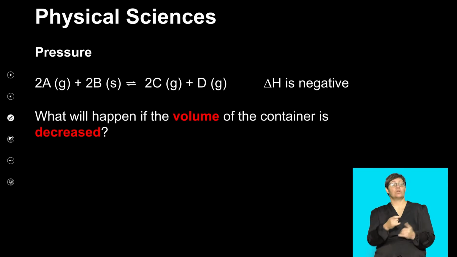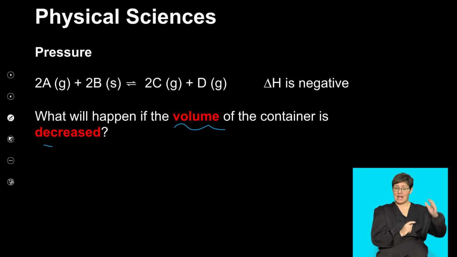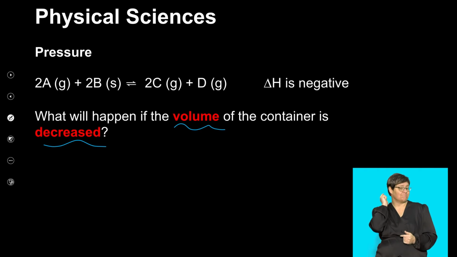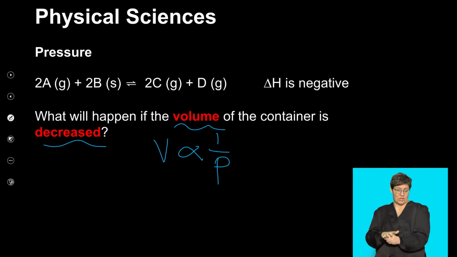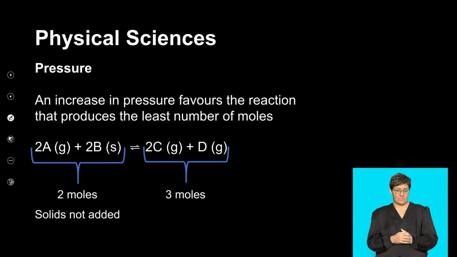The question now is, what will happen if the volume of the container is decreased? You should now have in mind that the volume is inversely proportional to the pressure. An increase in pressure favors the reaction that produces the least number of moles.